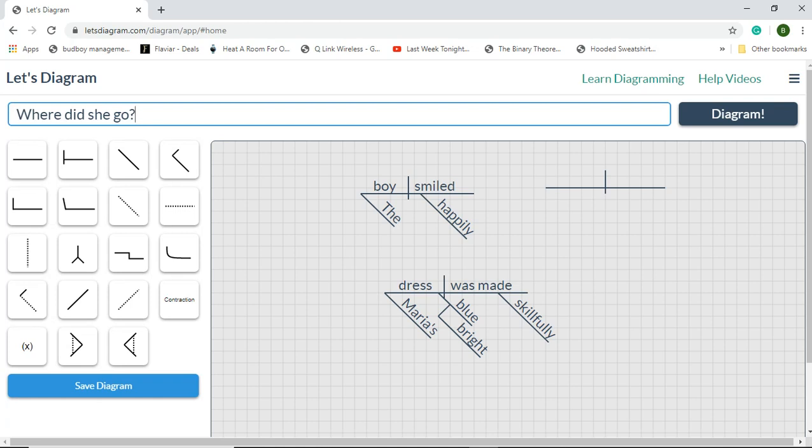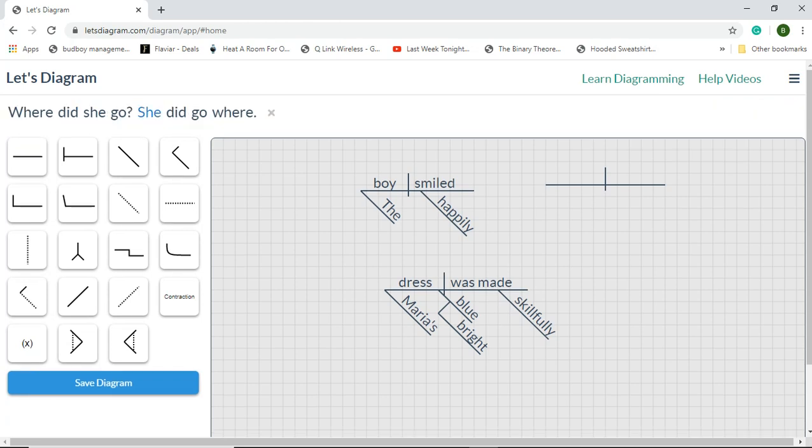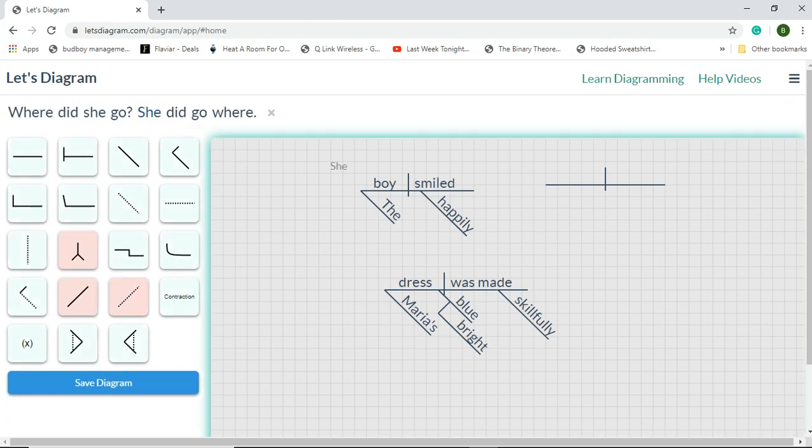It's a question. Now, to change this into a statement, we would write, she did go where? This is just to help us find the subject easier. And the subject of this sentence is she.